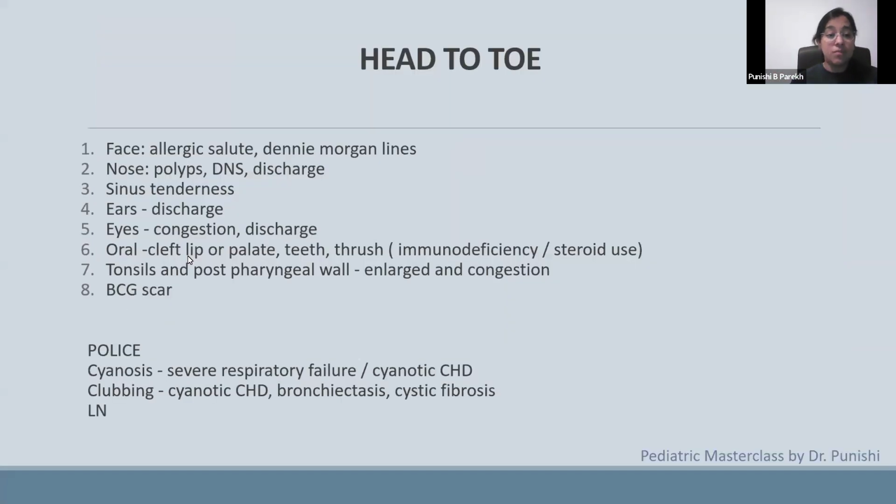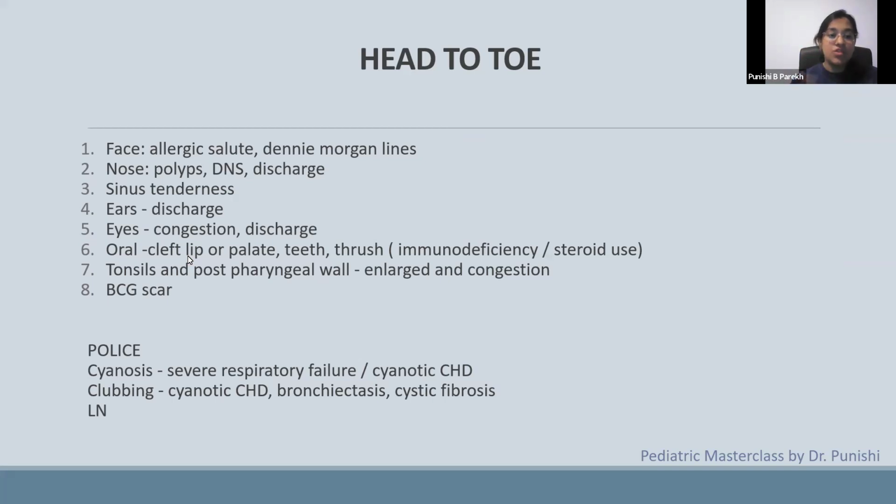Now, in the nose, you look for polyps, deviated nasal septum, or any nasal discharge. Look for sinus tenderness. In the ears, you look for any ear discharge. Eyes for congestion and discharge. So, all of this points towards more of a viral or an allergic etiology.